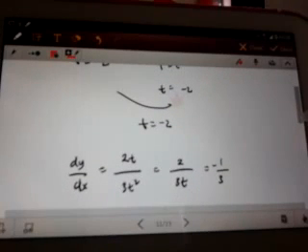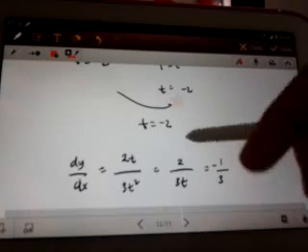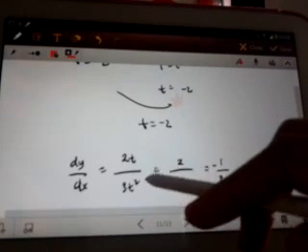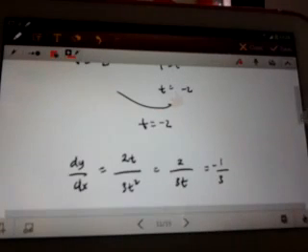Of course, you have to find the gradient, so the gradient dy/dx is equal to dy/dt over dx/dt.